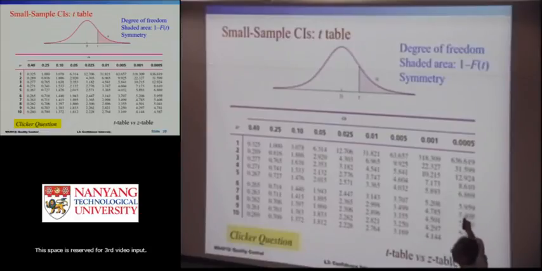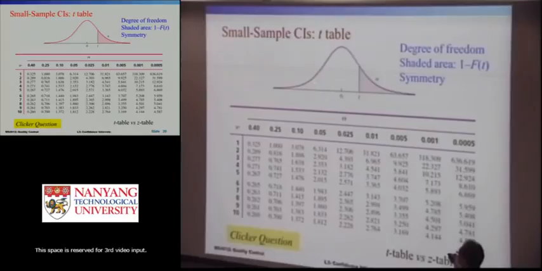The degree of freedom, I repeat it a lot of times. This shadow area is 1 minus its cumulative distribution function. The symmetry is about 0. So if we get a t here, and here we get minus t, what's the area from minus infinity to minus t compared to the area from t to positive infinity?